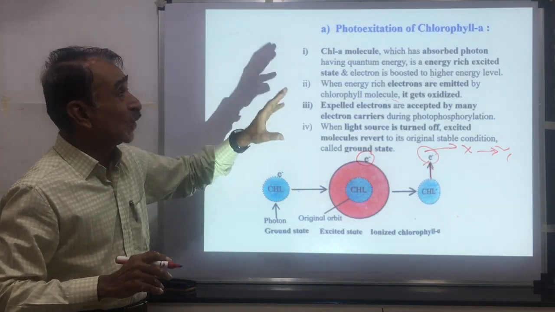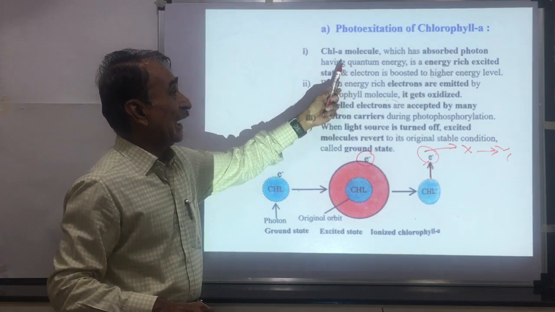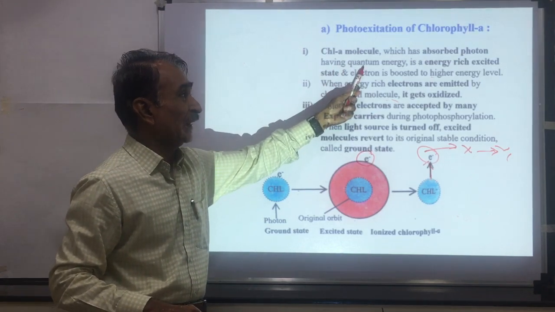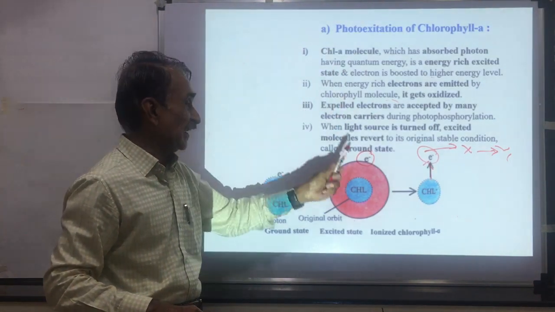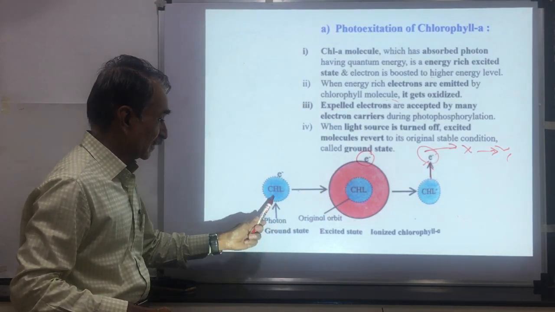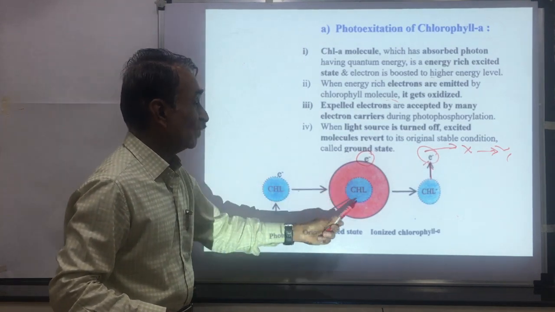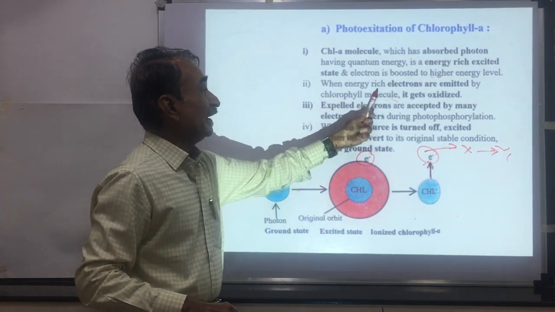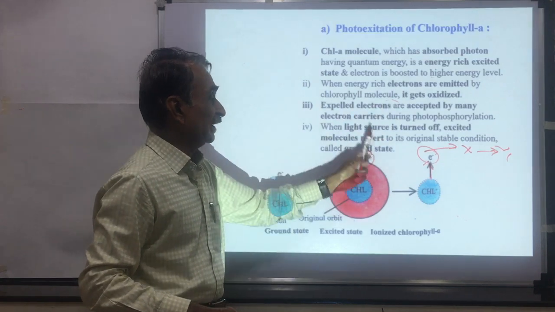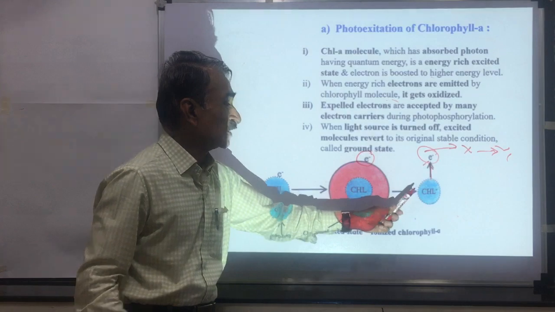In this case, chlorophyll A, which has absorbed photons having quantum energy, is in an energy rich excited state. Here this chlorophyll molecule accepts the photons of light, gets excited, and has more energy. When energy rich electrons are emitted and given out, it gets oxidized.